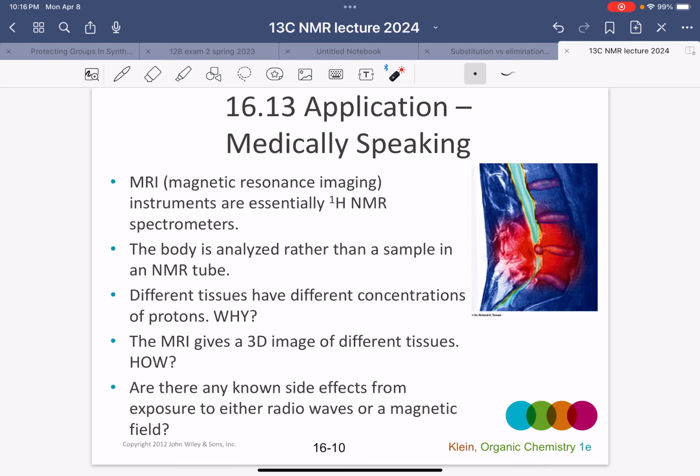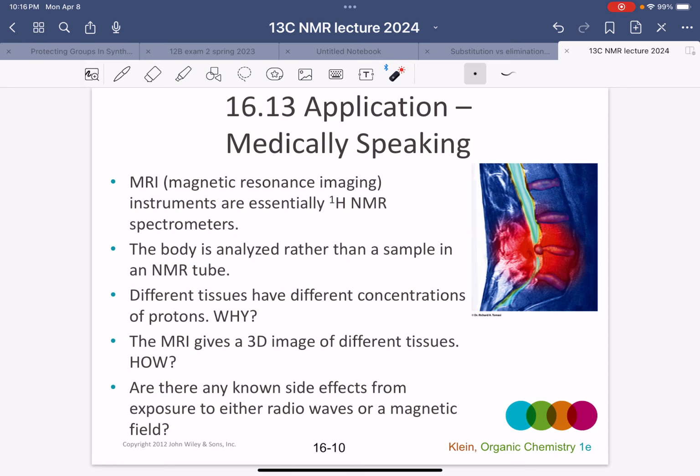So you can tell, oh, this is from the right hip, and this is from the left hip. And so you can orient things. And there are different types of MRI scans that are done, and you can generate an image from those, and they all look a little bit different.